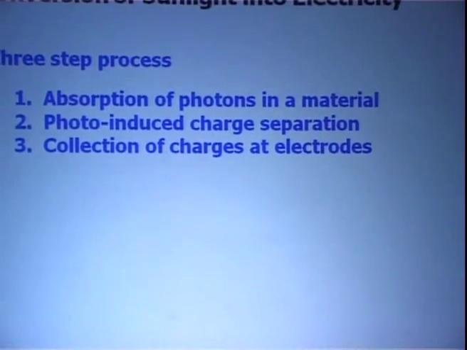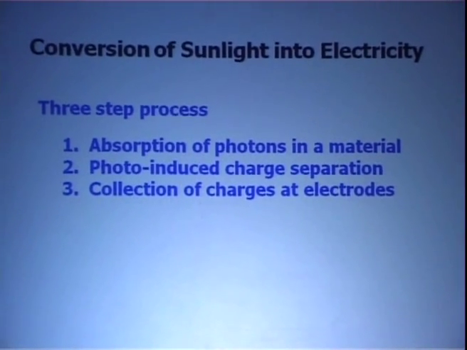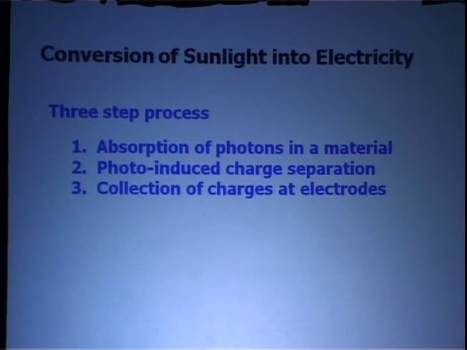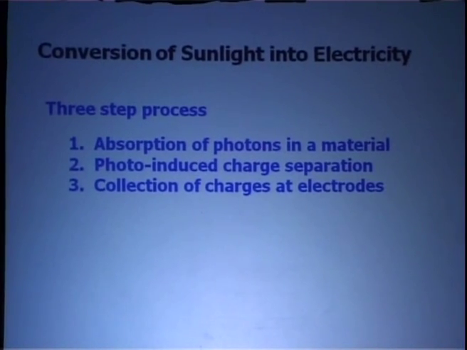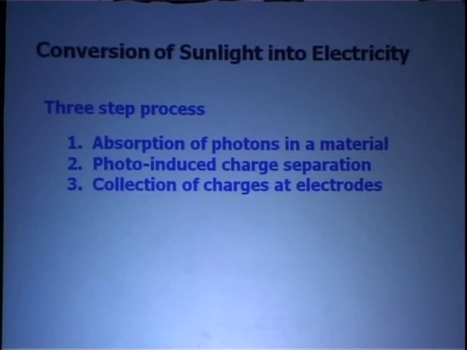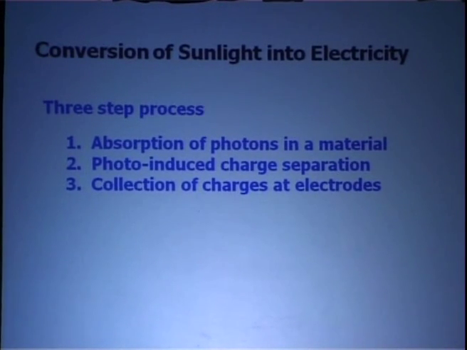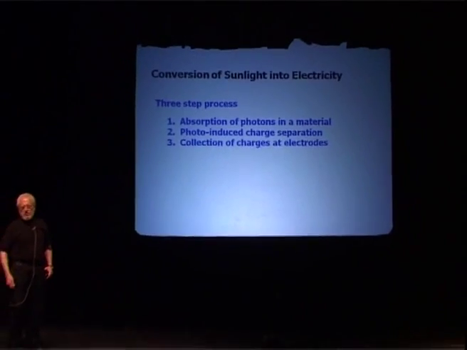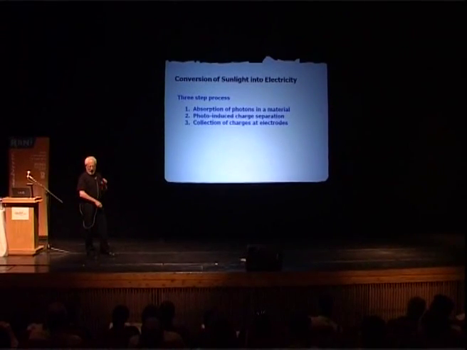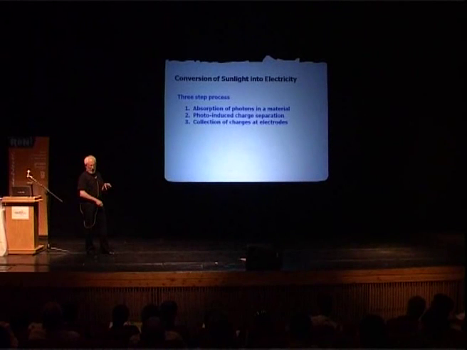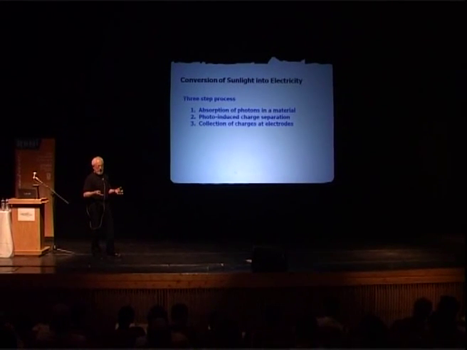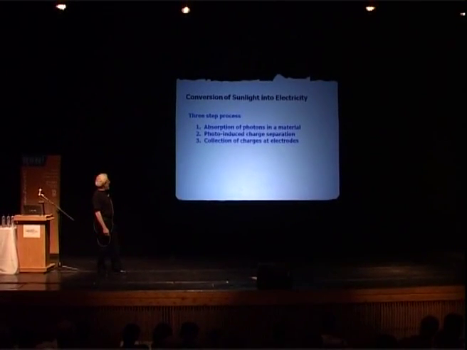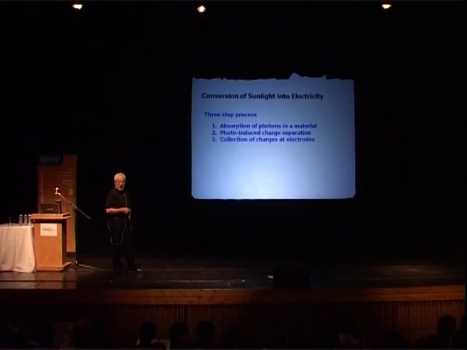All right, we want to convert sunlight to electricity. It's a three-step process. Obviously, the first step is to absorb the photons. That's basically a problem that was solved in 19th century chemistry. German dye chemists, for example, made highly absorbing dyes that have long lifetimes out of organic materials. It has evolved since then, but that's when it began.